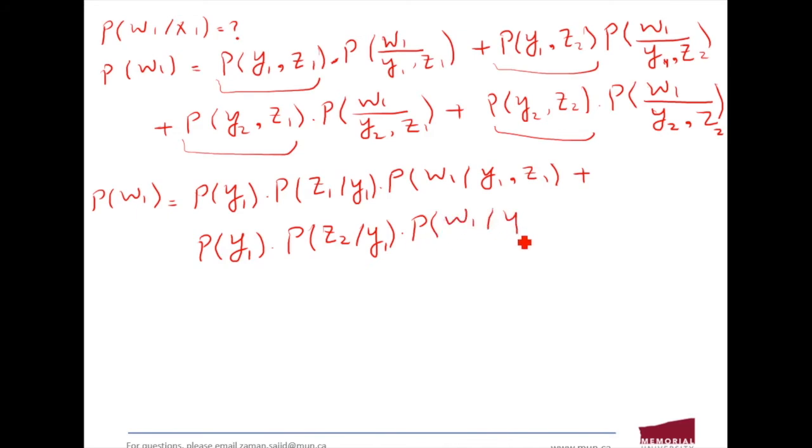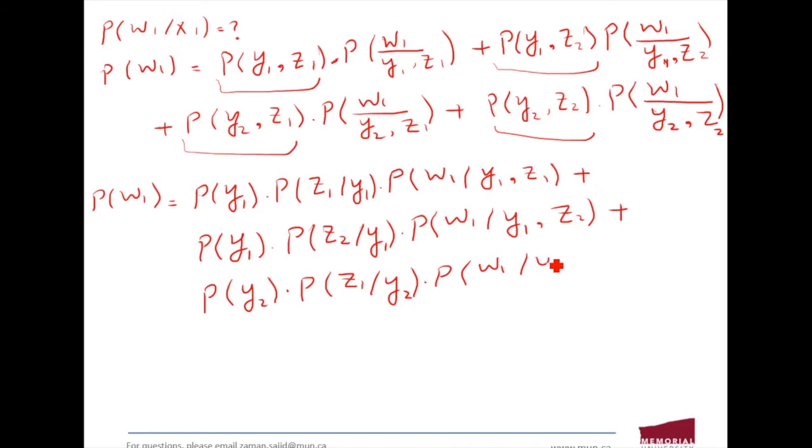times the probability of W1 given that Y1 and Z2, plus the third term, which is Y2 and Z1. This will be the probability of Y2 times the probability of Z1 given that Y2, times the probability of W1 given Y2 and Z1, plus the last term between Y2 and Z2.